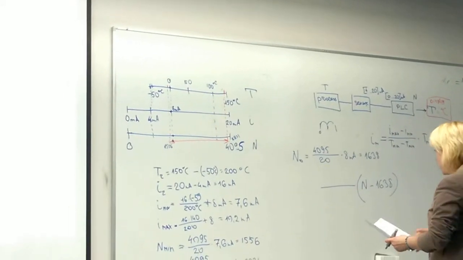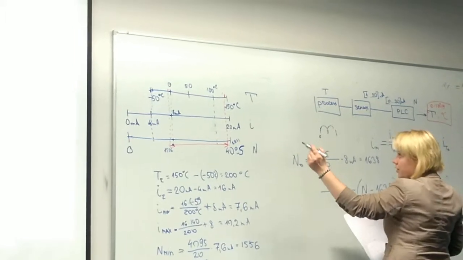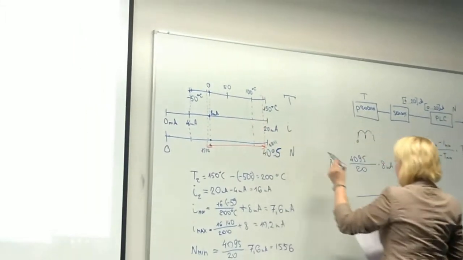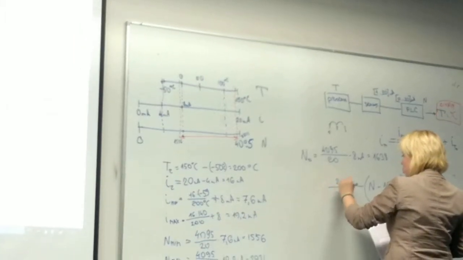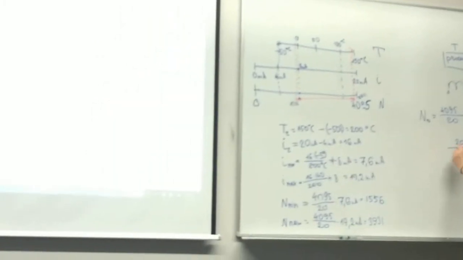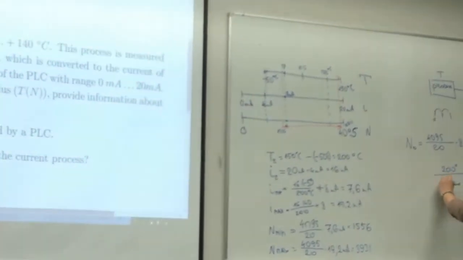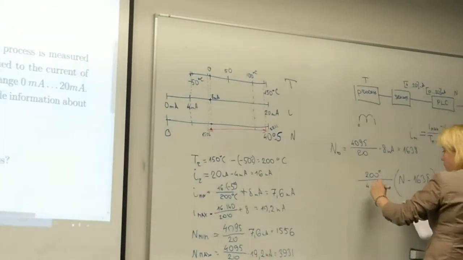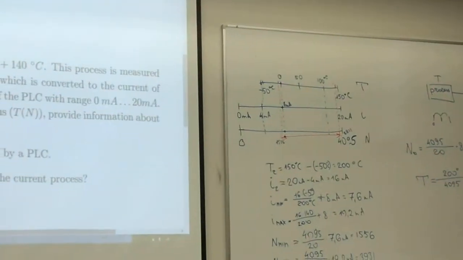So in this case, we should divide the whole range of the temperature, which is 200 degrees Celsius, by the whole range of our integers, which is 4095.